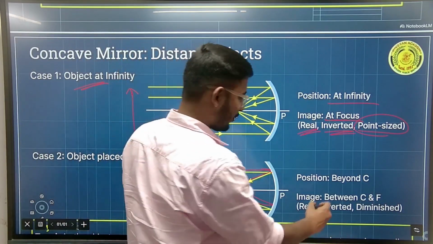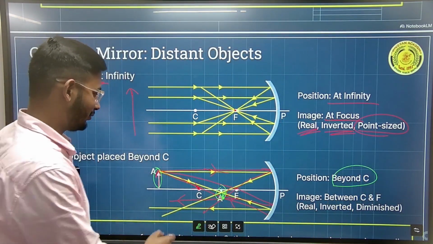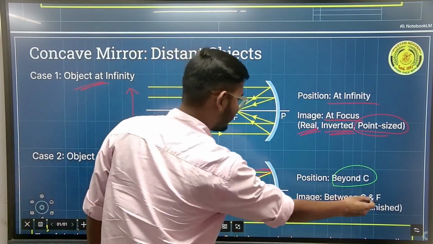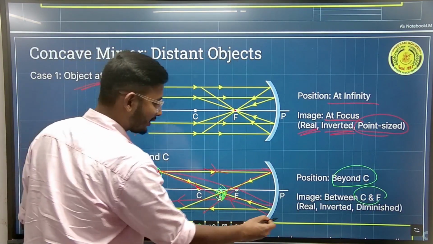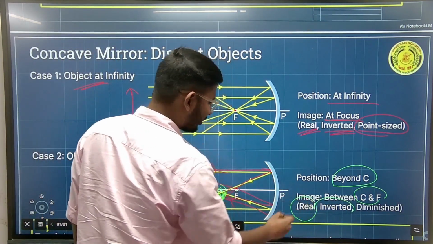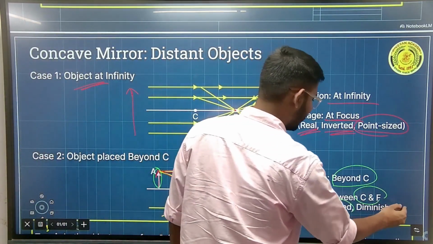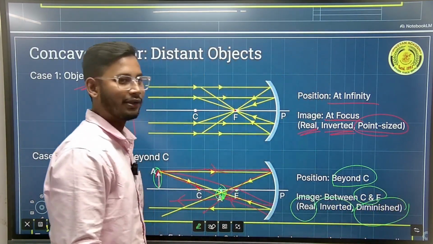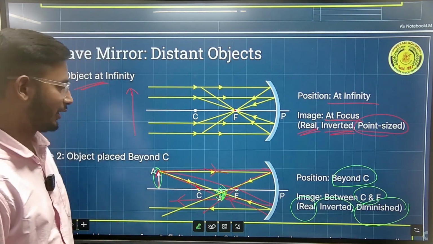So you can see when the position of the object is beyond C, we get the image between C and F. The image is inverted, and the image is real. The image is diminished, or we can say the size of the image is smaller than the object size.